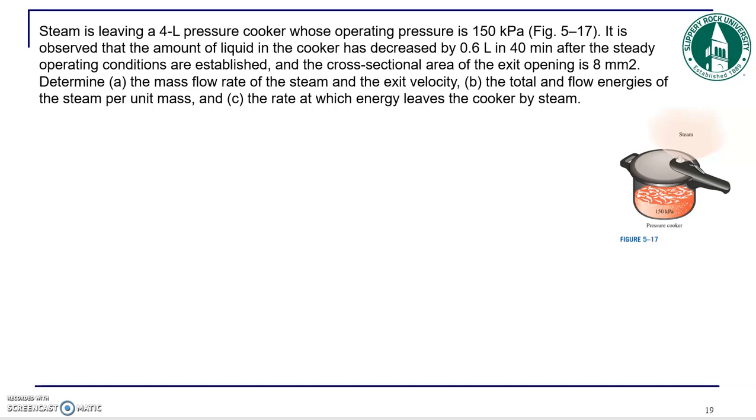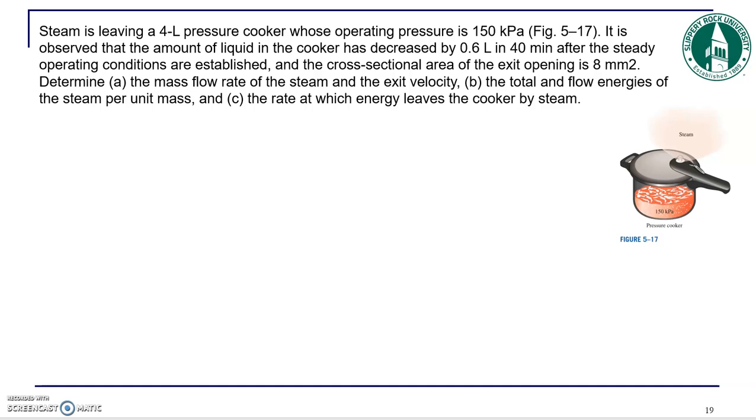So 0.6 liter have left the pressure cooker as steam in 40 minutes after the steady operation conditions are established, and the cross-sectional area of the exit opening is 8 millimeters squared. Okay, so we have the cross-sectional area as well, and we want to find the mass flow rate of the steam and the exit velocity, right?